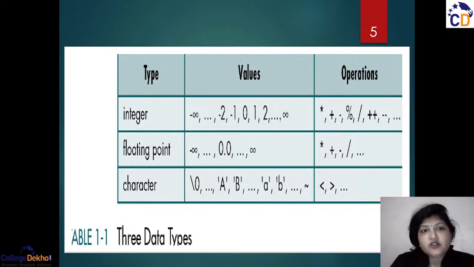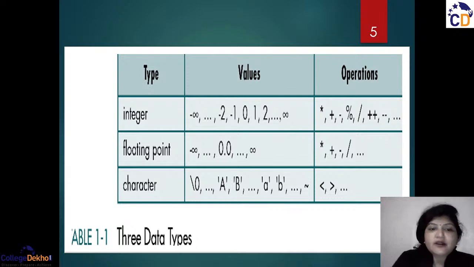Like operations on integer, we can perform all the arithmetic operations plus increment and decrement and so on. There are a number of operations that can be performed on an integer. Whereas when we have floating point data type, you can perform all the same things as integer. You can perform all the arithmetic operations.